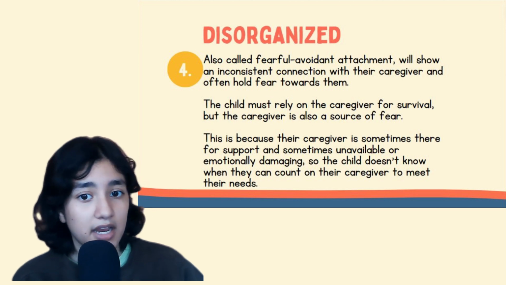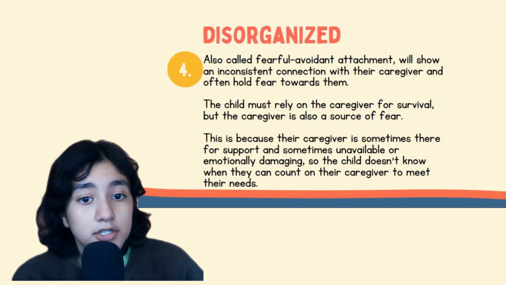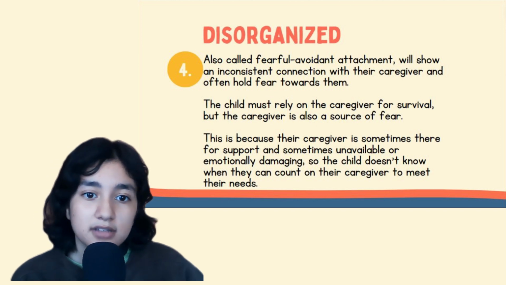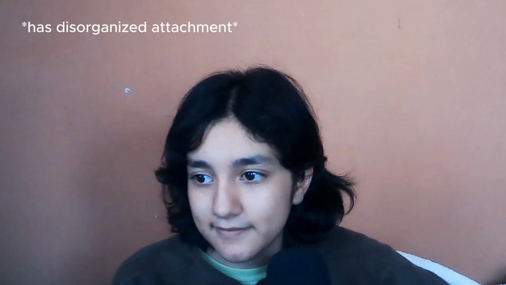This is because the caregiver sometimes is there for support and sometimes unavailable or emotionally damaging. So the child doesn't know when they can count on their caregiver to meet their needs. In my words, it doesn't have concrete ideas about love or security, and it avoids social relationships, and they don't consider themselves worthy of love.